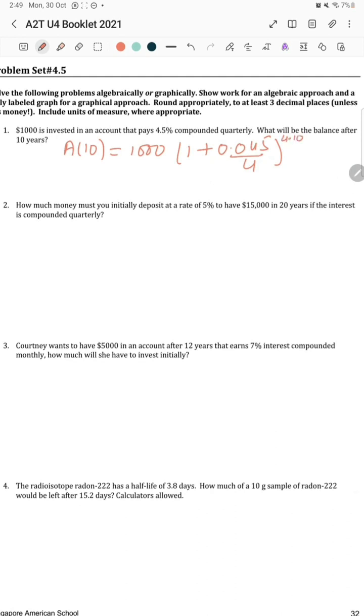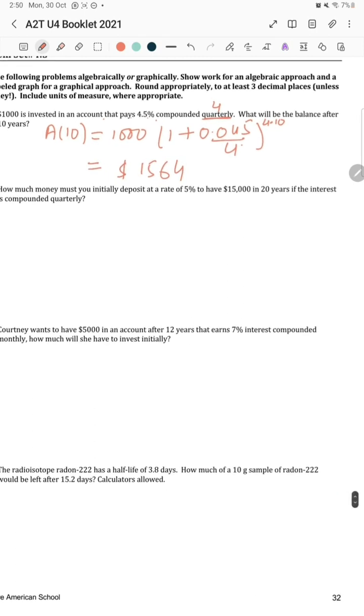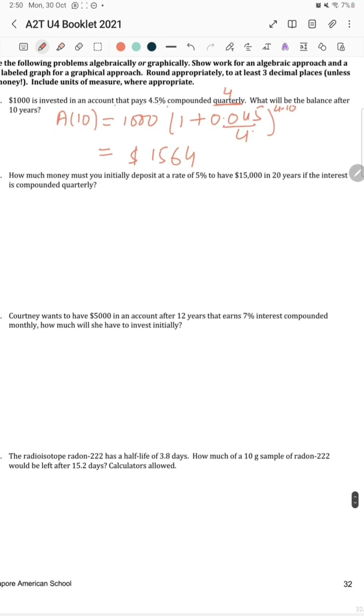Why 4? The account has 4.5% compounded quarterly, so therefore it is 4. So r is 0.045 divided by 4, and here it is 4 times 10. So just solving this, we will get $1564.